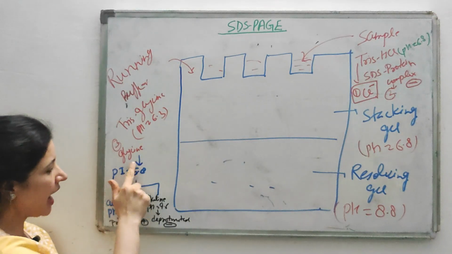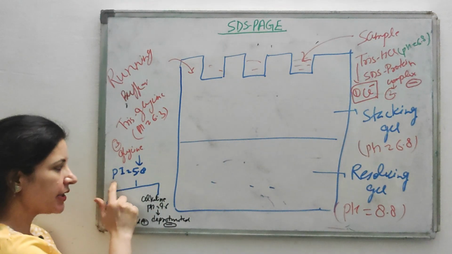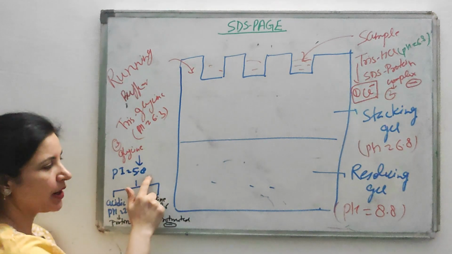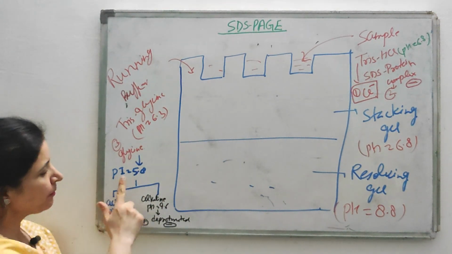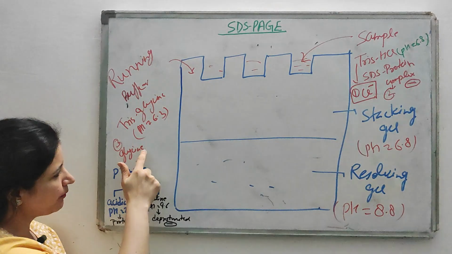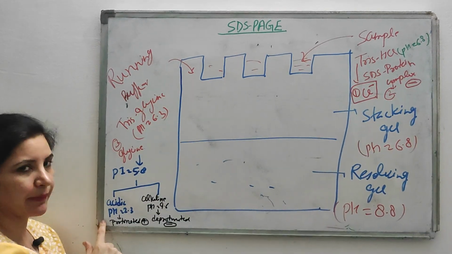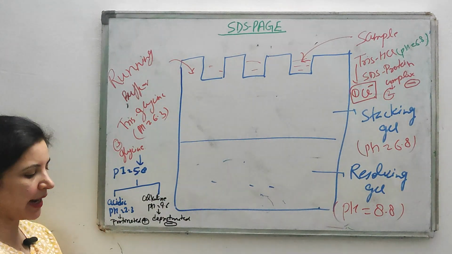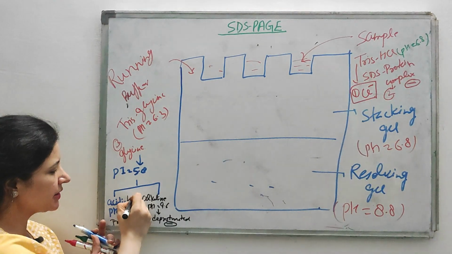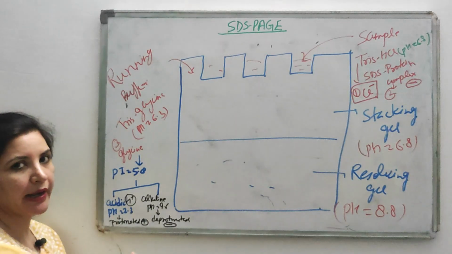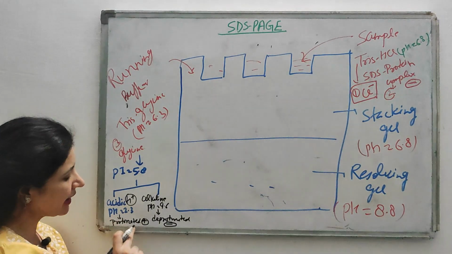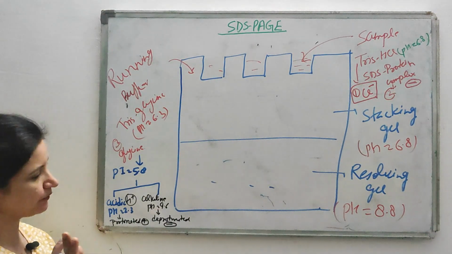Once again, the pI value of glycine is 5.8. That is, this is the isoelectric pH, and at this value of pH 5.8, this glycine carries no net charge, that is neutral. Okay. But if you put this glycine into acidic medium having what? Acidic medium having more H plus ions. So in acidic medium, the glycine becomes protonated, and it will carry the positive charge.